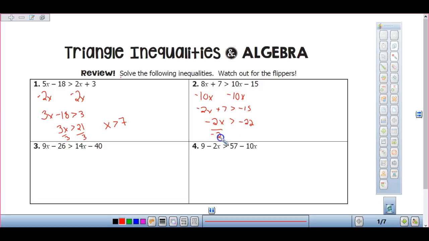If I divide by a negative, which I am right now, we have to remember to switch our sign. So I end up with x is less than 11. Be very careful when you are solving your inequalities and whether or not you are multiplying or dividing by a negative number.